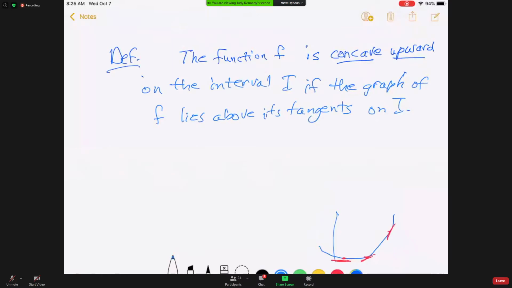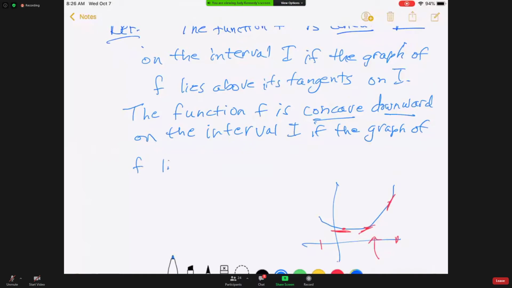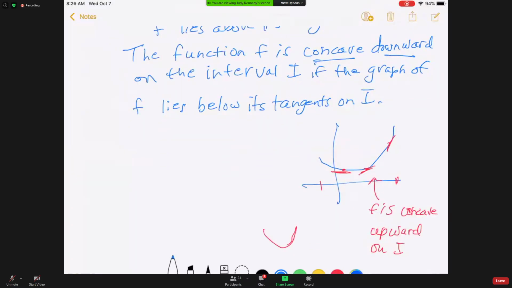So the function f is concave downward on the interval I if the graph of f lies below its tangents on I. This one was concave up, concave down, like that.